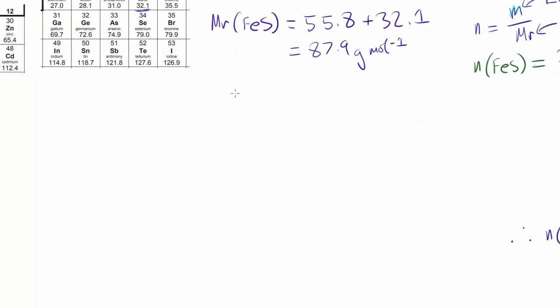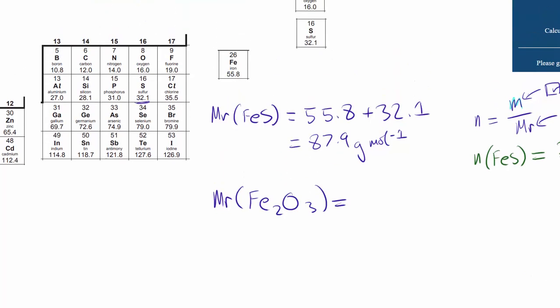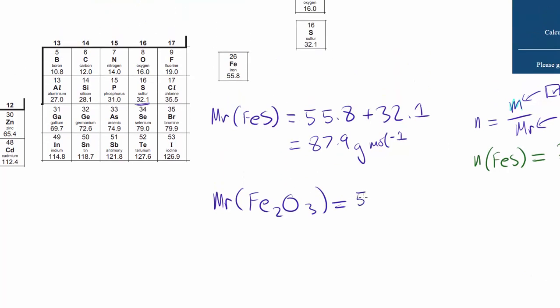So the Mr of Fe₂O₃ is going to be equal to 55.8 times 2 plus 16 times 3.